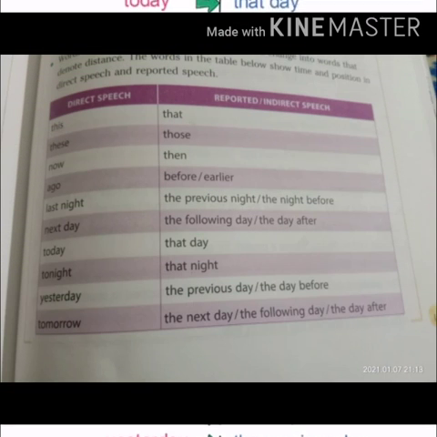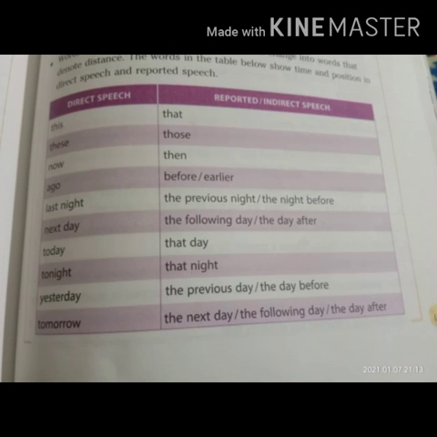Now you can see in your book, Grammar and More, class 7th, on page number 105, the direct speech and reported indirect speech. You will see the same chart.